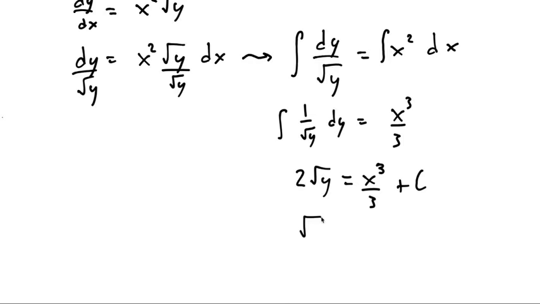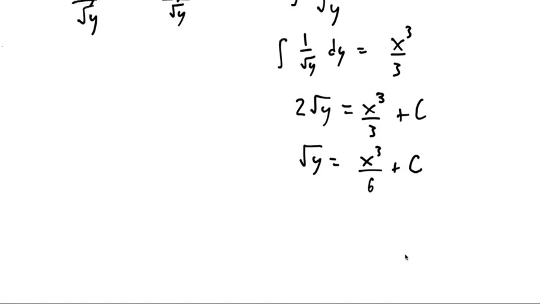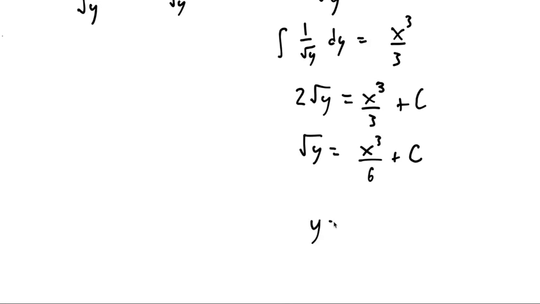We have x cubed divided by 6 plus c over 2. And since c is an arbitrary constant, c over 2 we could just rewrite as another arbitrary constant. Square both sides to solve for y, and we have y equals the quantity x cubed divided by 6 plus c, squared. That is the general solution to the differential equation, which we found using separation of variables.